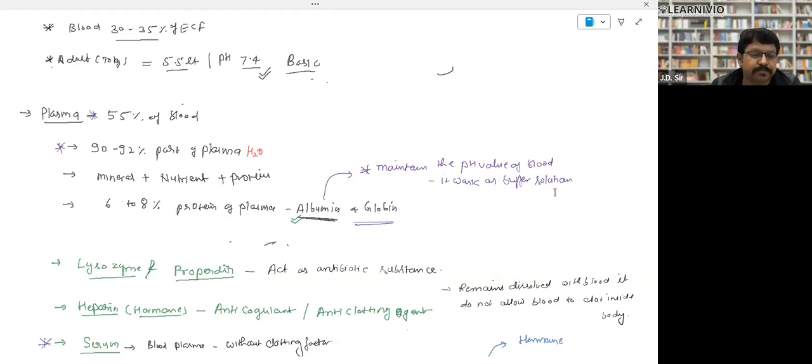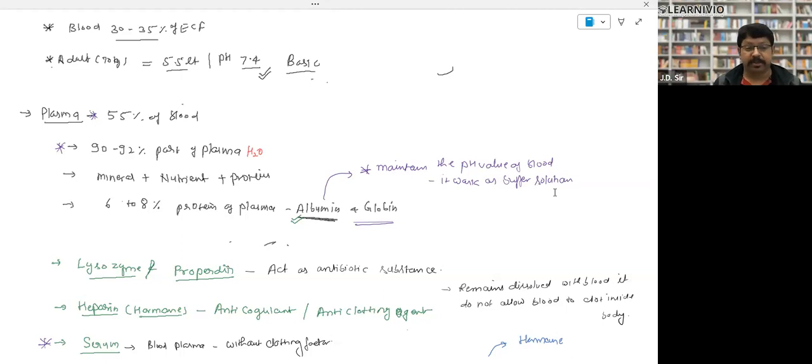Got it? No, sir. Look, every acidic thing gets dissolved in our blood, right? Yes, sir. Whatever we eat gets dissolved in our blood, absorbed by the blood. Now, when they try to change the pH value of the blood, now comes the role of albumin.